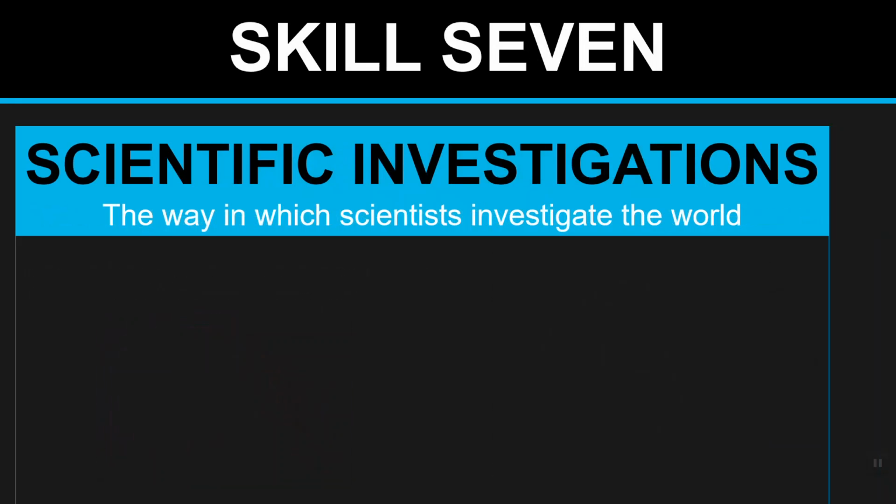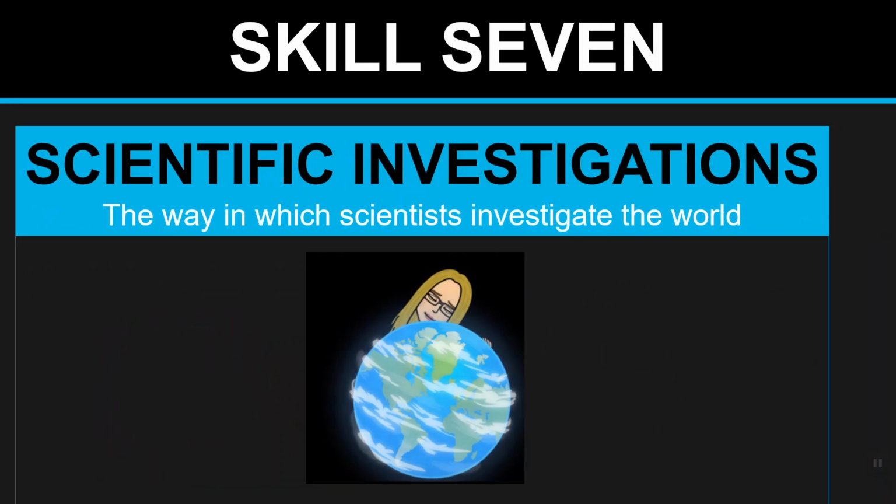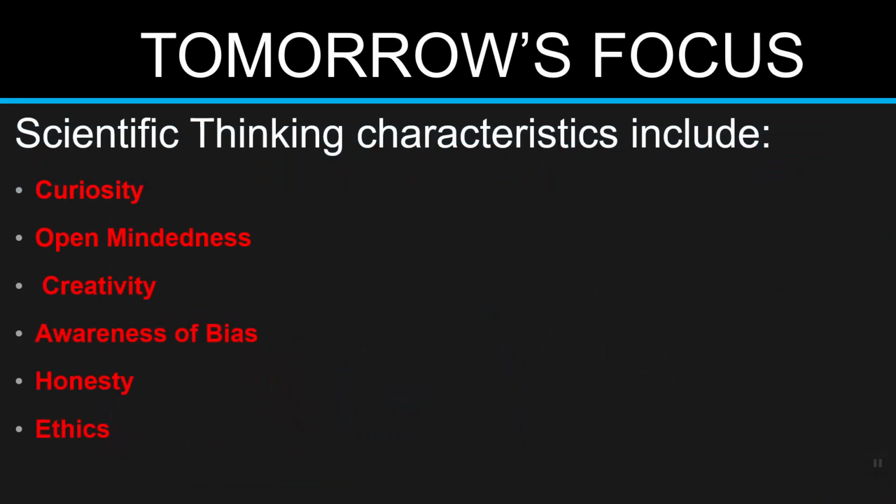Skill 7, scientific investigations, the way in which scientists investigate the world. So as scientists, we are going to be using these scientific investigations to investigate many different labs this year. So just to start on tomorrow's focus, tomorrow we will be diving into focus 2, which is scientific thinking.